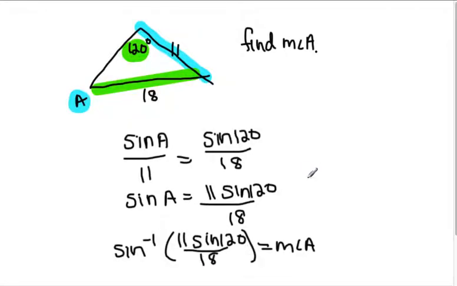Okay, so that means the measure of angle A is 32 degrees.